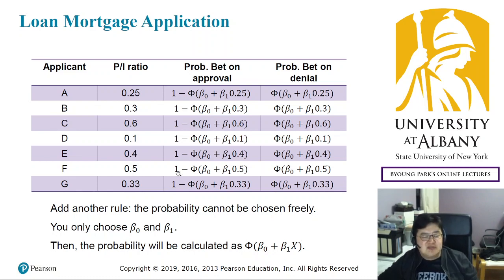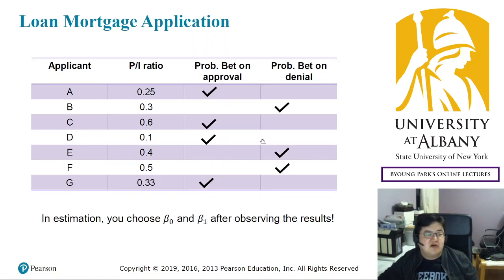And another difference here, so if you understand what's going on, actually, the structure is the same, but another key difference in estimation is that you observe the result ahead. You observe the results and then choose beta 0 and beta 1. That is the major difference in here. So you already know from the data that this applicant is approved or not.